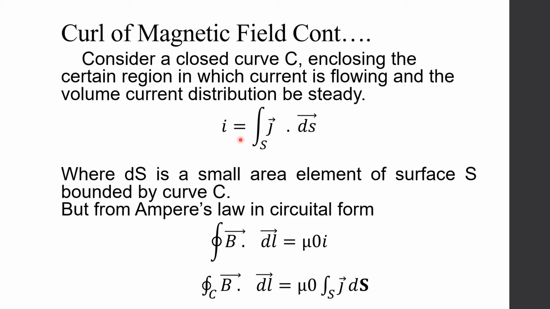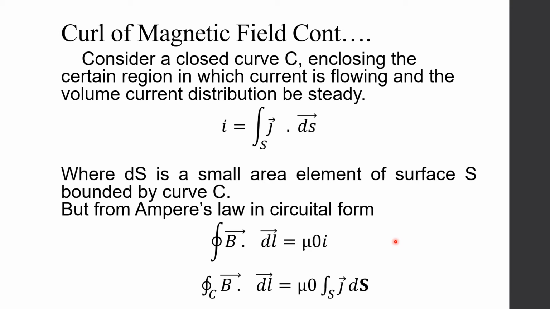So this I is equal to the surface integral of J dot ds, where ds is the small area element of surface S. Means in any surface, a small surface in that whole surface bounded by curve C.